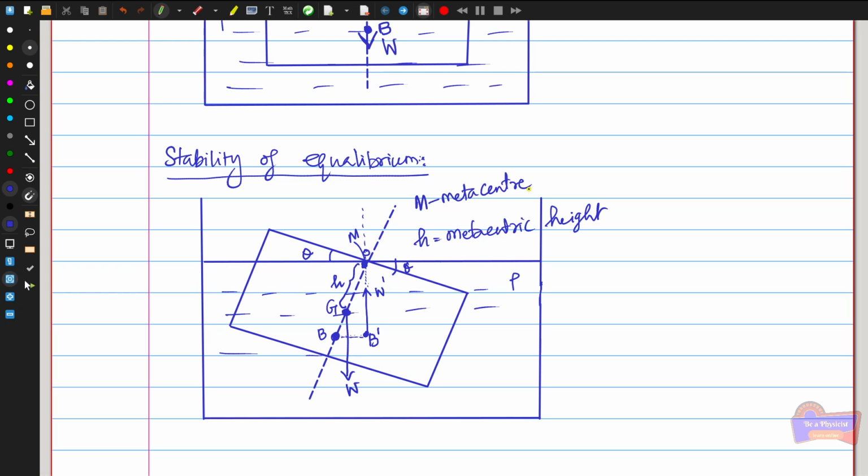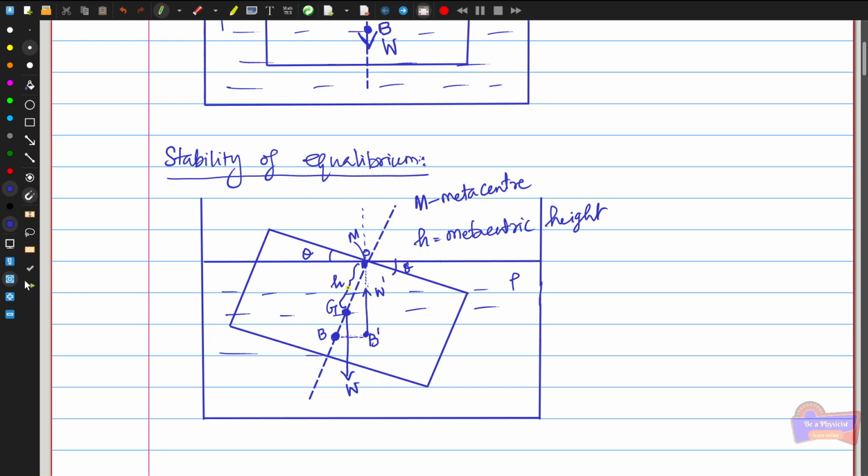Okay. So based on the position of this metacentric point M, whether it coincides with G, or lies above or below G, and based on the shifted position of the center of gravity G prime of the body, depending on the shape of the body, the equilibrium of the body can be determined.